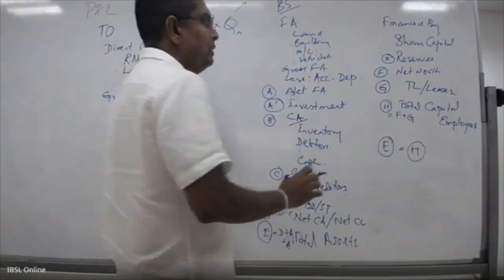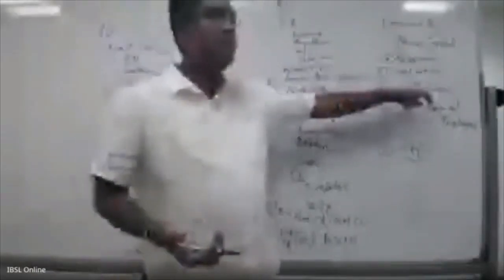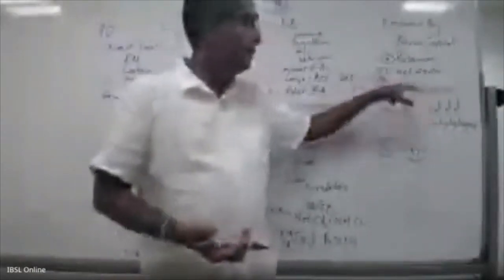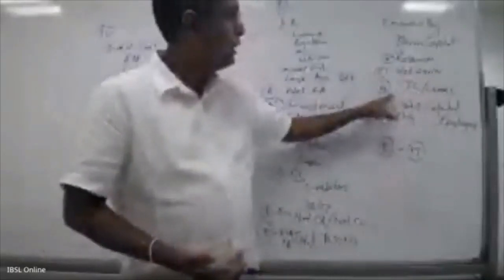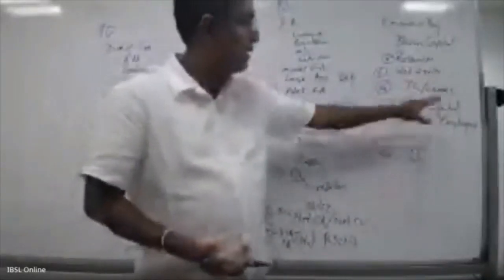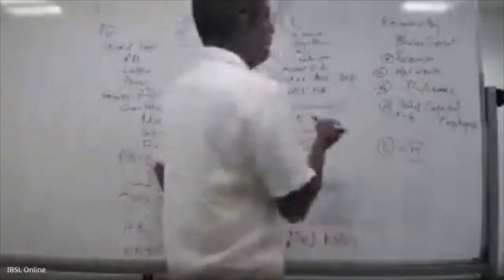Then any liability which needs to be settled over a 12 month period, it is a term loan, leases, that kind, we mark it here. So net worth plus long-term liabilities is the total capital. Total capital should be equal to total assets, right? That is this one.